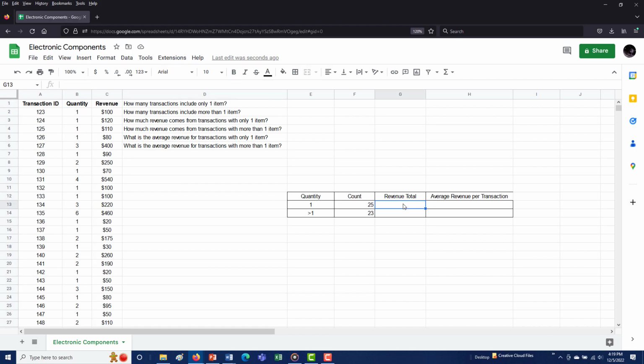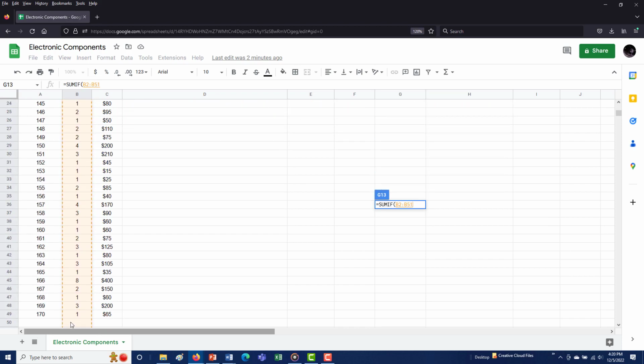So we'll be working in cell G13. That's where our formula will be. Equals SUMIF, open parentheses, and then we're selecting the first column, which is B2. We'll drag down once again to B49.